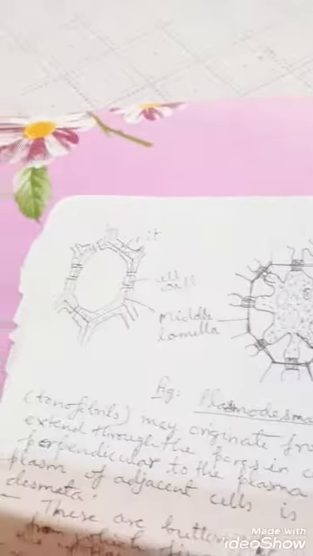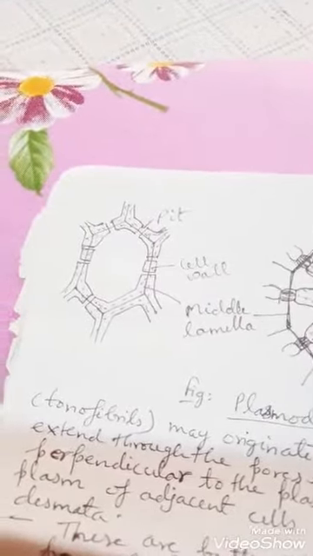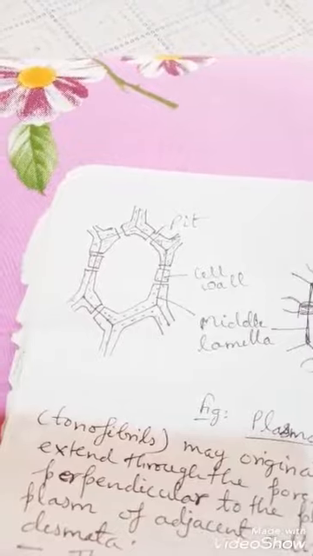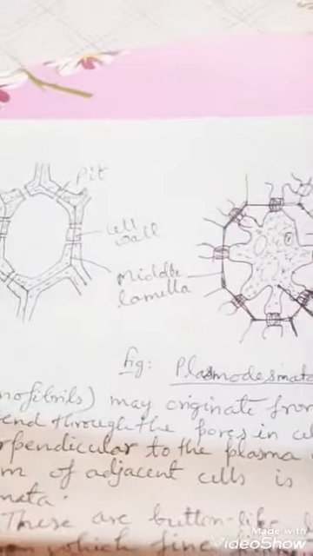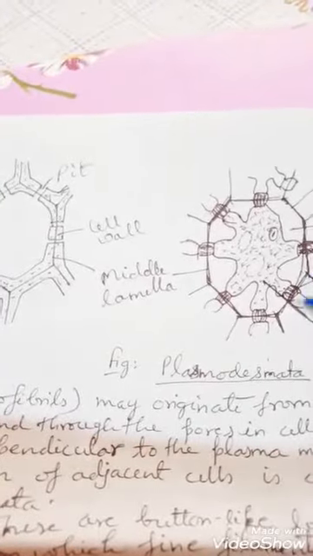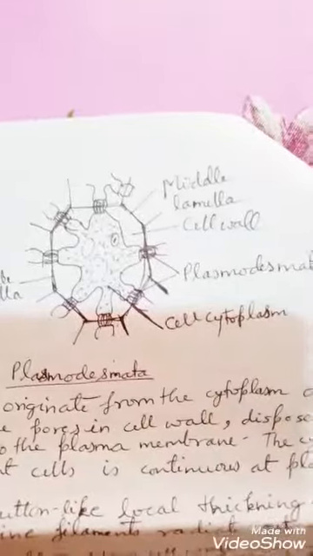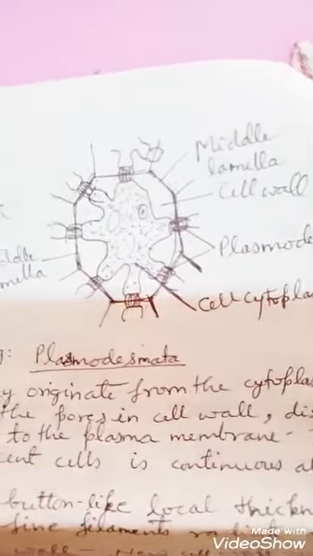The plasmodesmata may originate from the cytoplasm and extend through the pores in the cell wall, disposed perpendicular to the plasma membrane. The cytoplasm of adjacent cells is continuous at plasmodesmata. These are button-like local thickenings from which fine filaments radiate out into the cytoplasm.